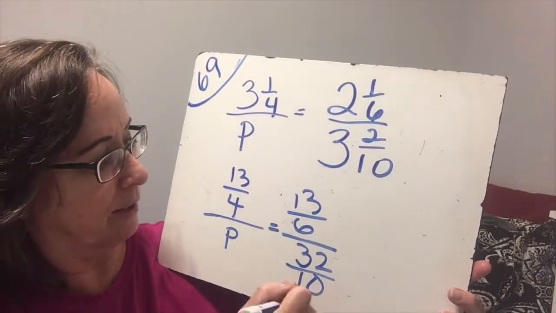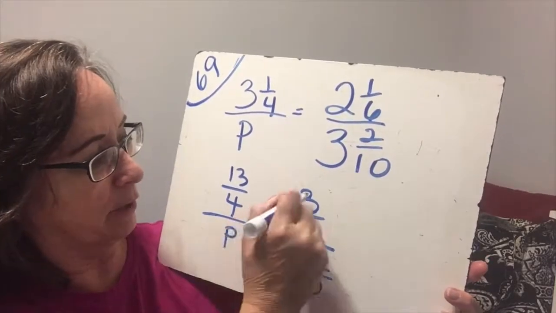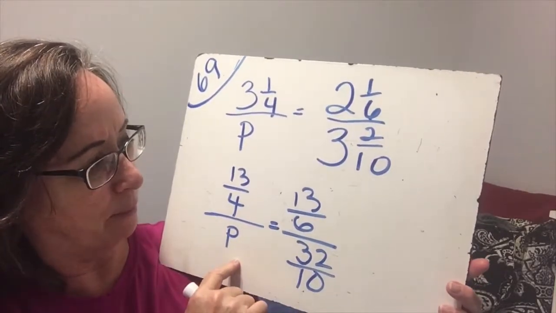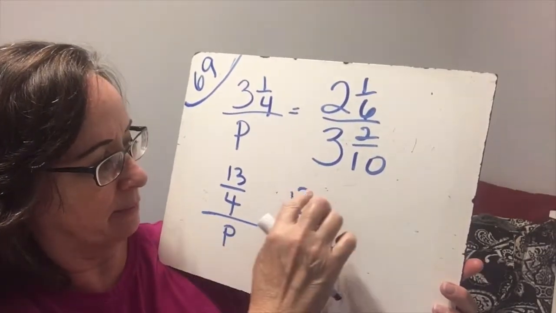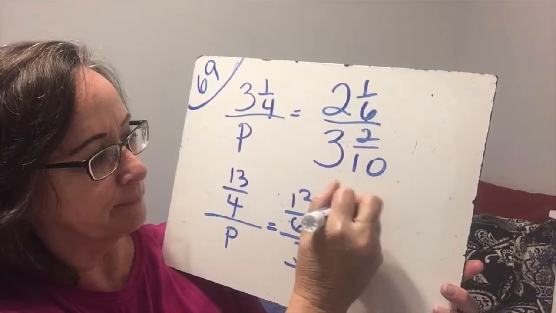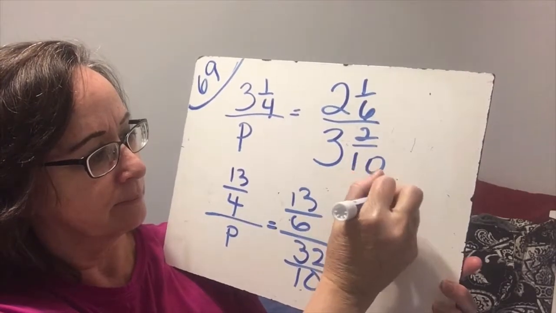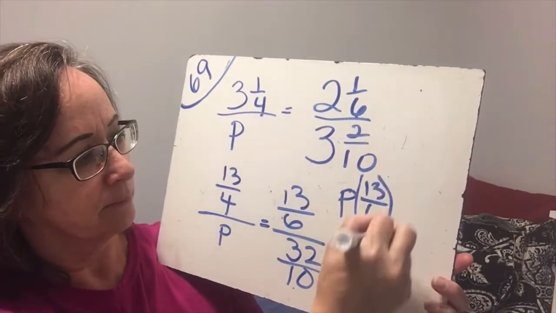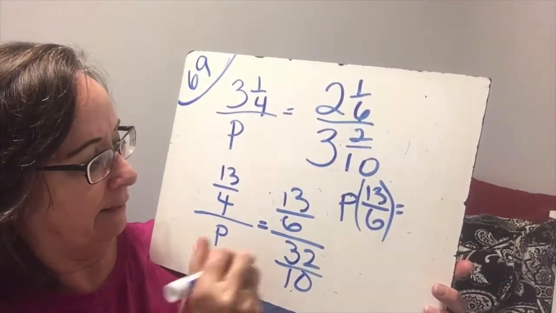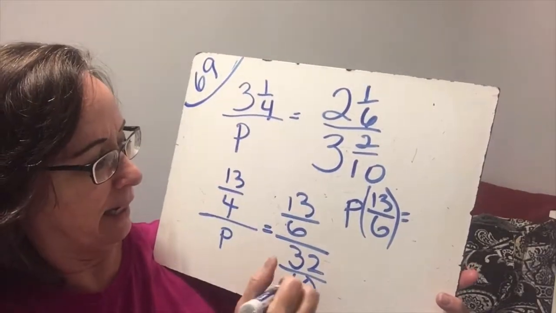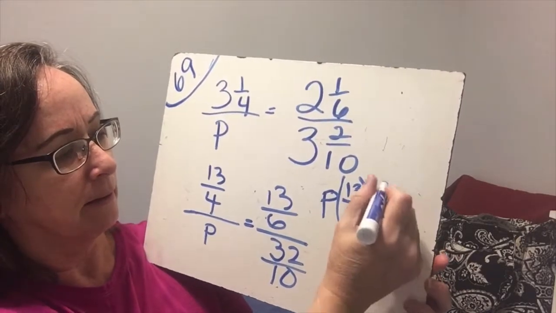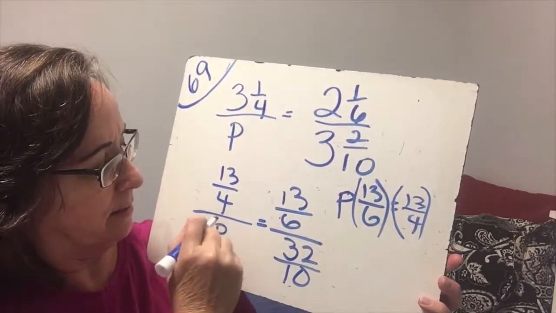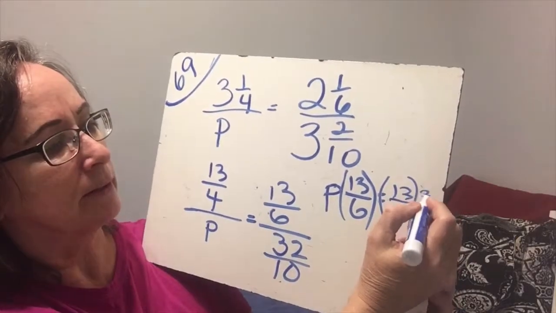So now we're going to multiply, and I'm going to go this way first just because that will put my P on the left. So I'm going to have P times 13/6 equals, and then I'm going to go this way and get 13/4 and 32 tenths.